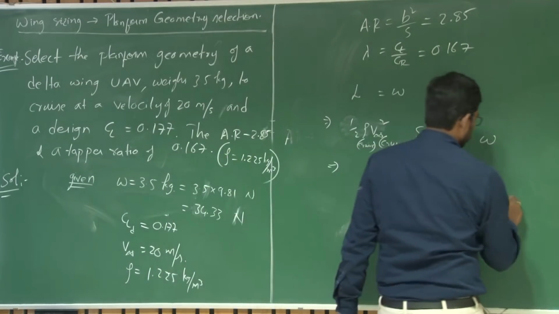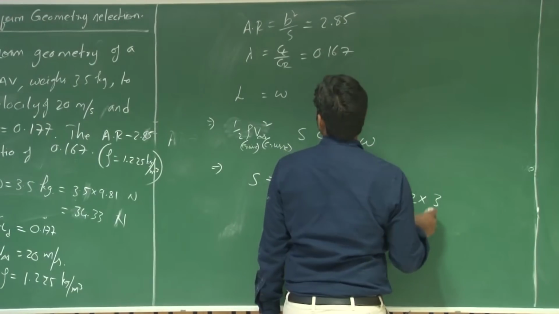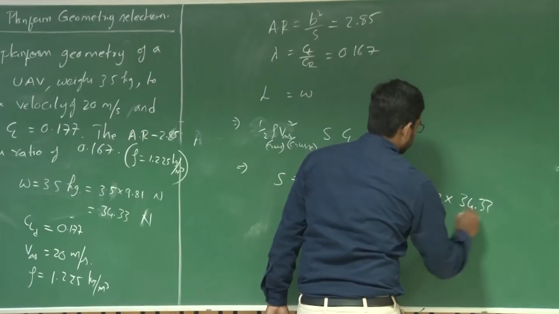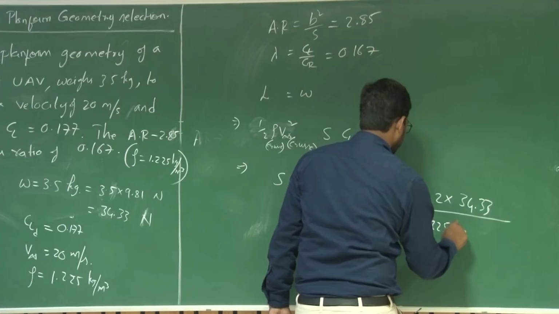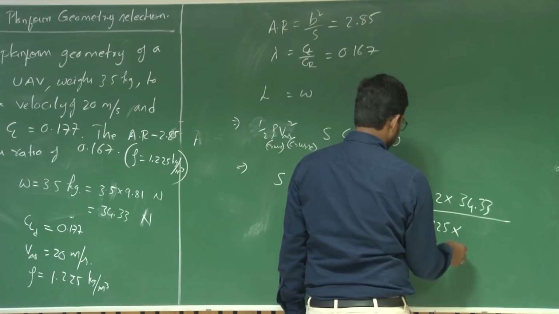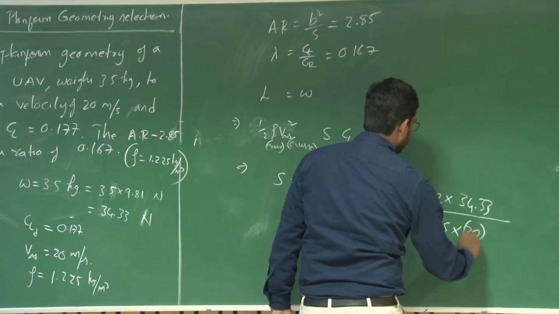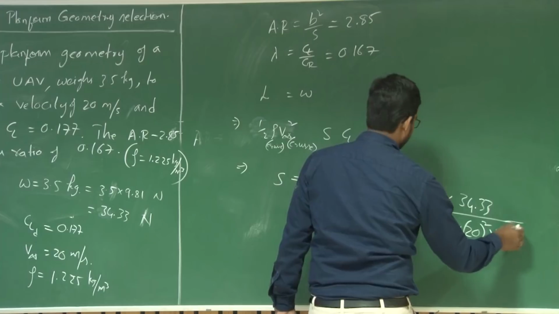Substituting these values, 34.33 newtons divided by 1.225, the sea level density, since we are flying at sea level, the velocity of flight is 20 meters per second squared, into CL design.